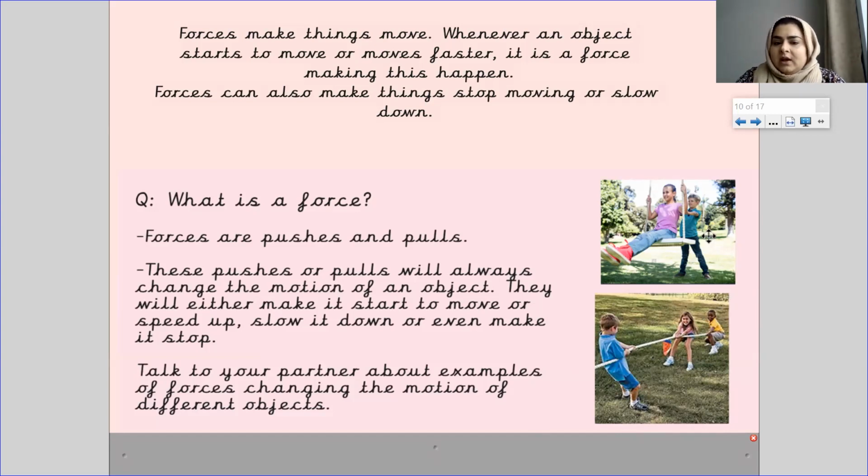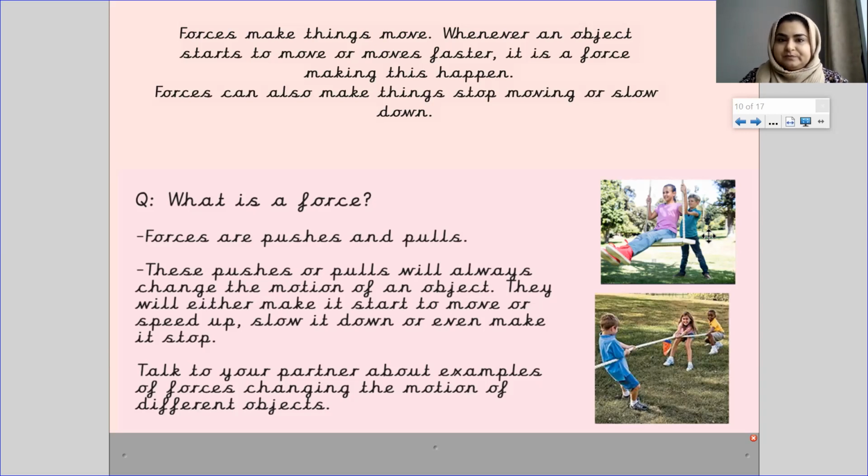Forces change the motion of the swing. When you push the swing, it starts moving faster. But when the swing comes near you and you don't want it to move anymore, the force of a pull will make it stop and slow down.